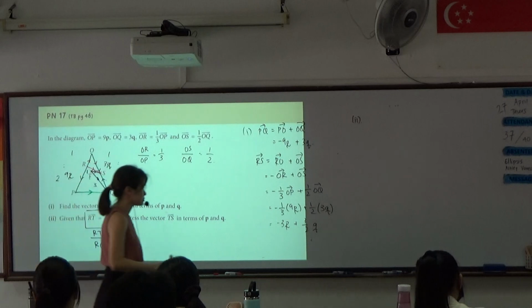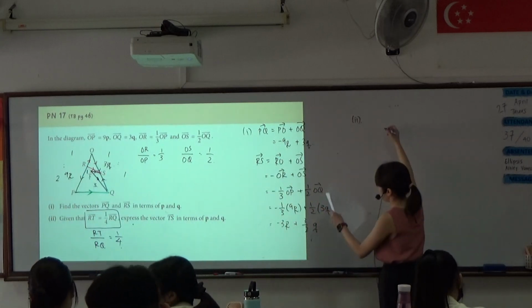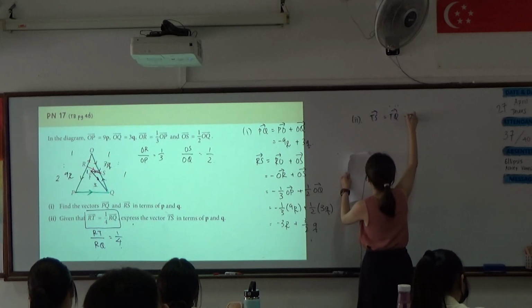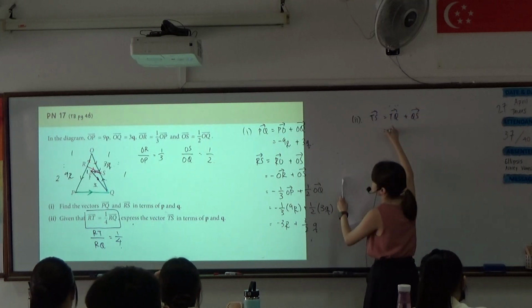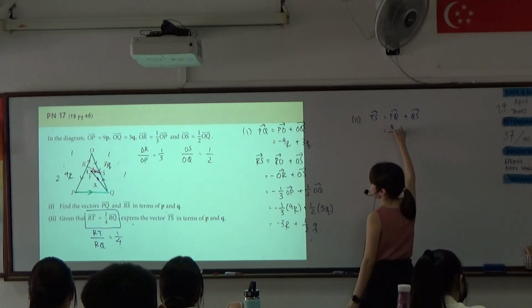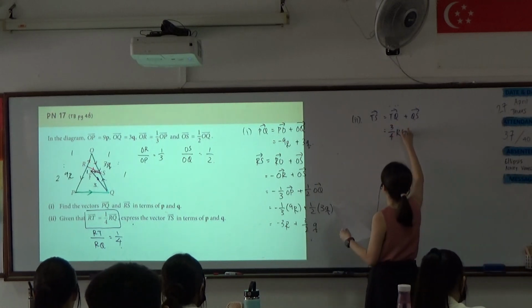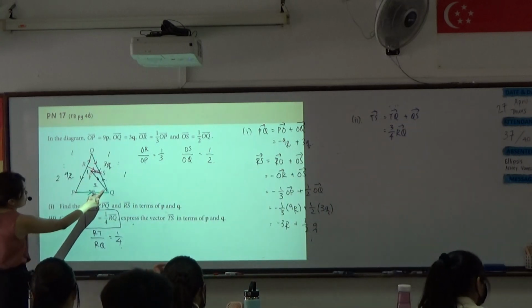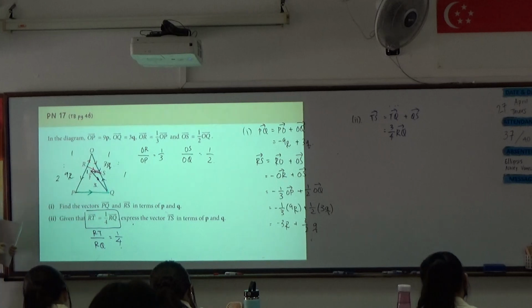So to solve that, let me write down TS equals TQ plus QS, and our TQ is actually 3/4 of our RQ. Because TQ is 3 units, your entire RQ is 4 units.